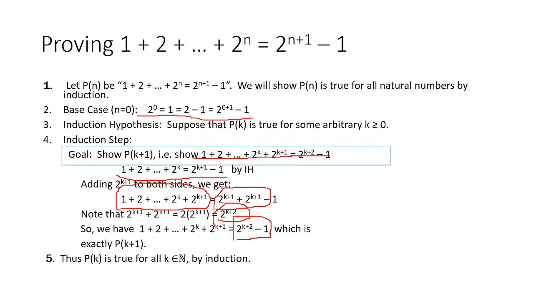This one is the same as our assumption over there. So P of k plus 1 is the same as P of k plus 2 to the k plus 1. That means the implication is true, and P of k plus 1 is true. So P of k is true for all k by induction.